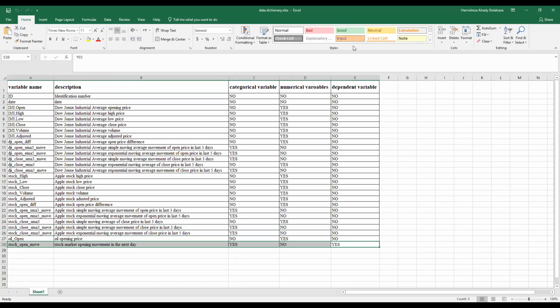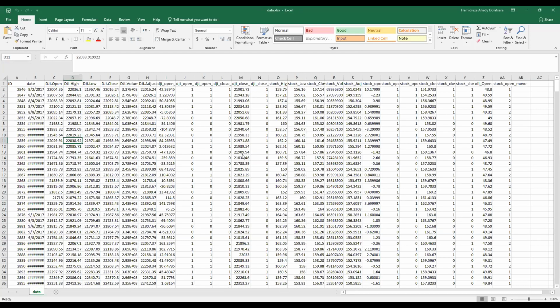Let me show you the data. So as you see, under ID, you have the ID number, under date, you have dates. For the variables that are numerical or continuous, you have a continuous number like 2000, something like that, 41.